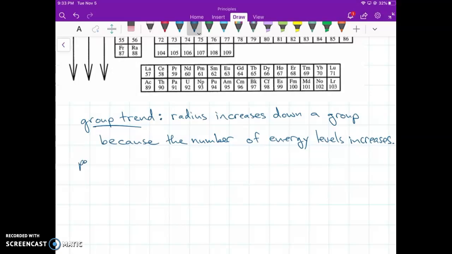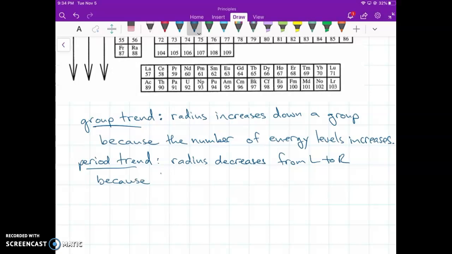The period trend is a little less obvious, and that's the one that we just talked about. Radius decreases from left to right because the nucleus is getting more positive.